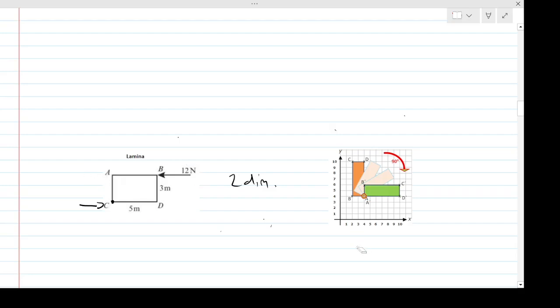But if you hold it still at C, what would happen is this diagram here, which is why I've included it. Hopefully you can imagine, if we hold it still at C and push it from here, the whole shape would rotate anti-clockwise that way. So we start with this green rectangle, where we're holding it here. If we pushed the rectangle from that point, it would rotate 90 degrees, and we would end up perhaps with this orange rectangle here.